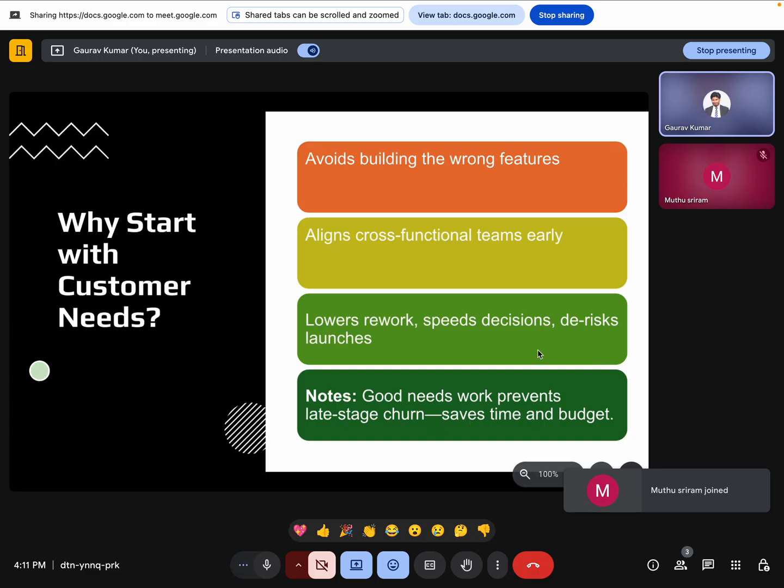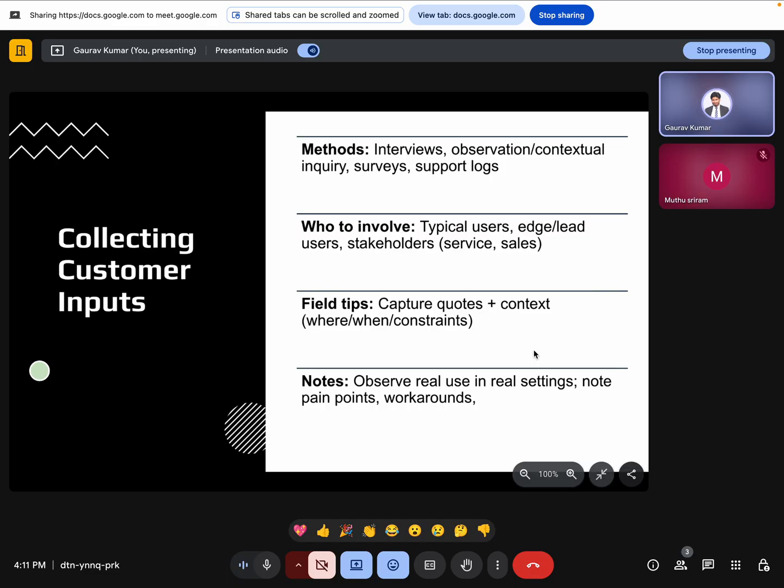Moving to the next slide, collecting the customer input. What are the methods? I treat input collection as evidence gathering. Interviews give me depth, and observation and contextual inquiry give me reality.